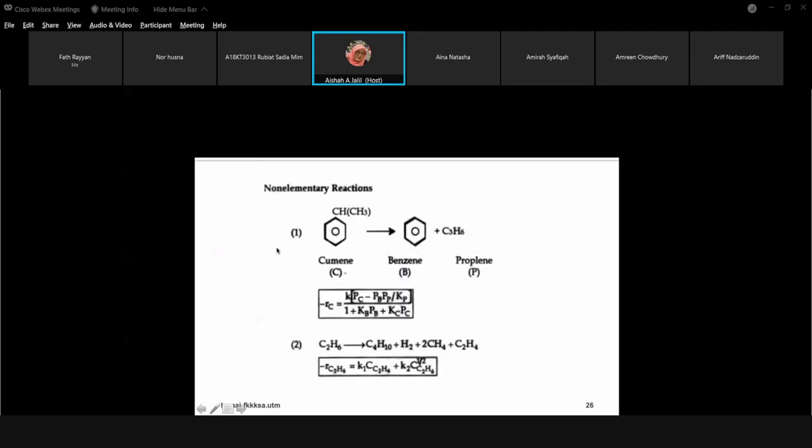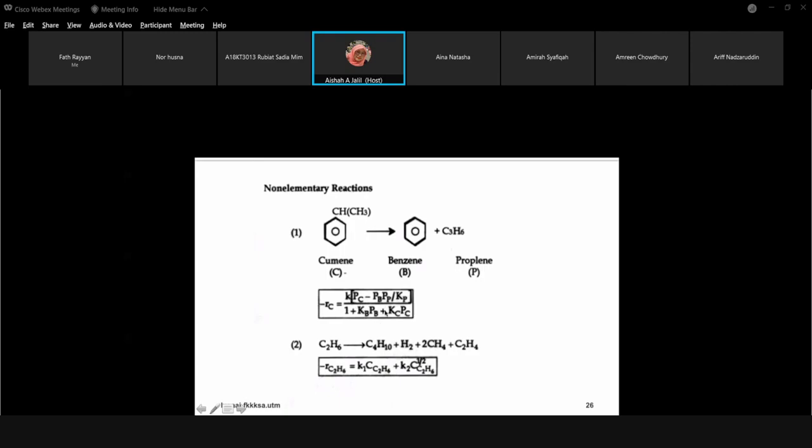This is a non-elementary reaction, okay? You cannot predict the order, and it is very complicated. This is an example. You can see this rate law in the last chapter, chapter 10. This is cumene, also in chapter 10. Cumene cracks, decomposing to benzene and propylene, okay?